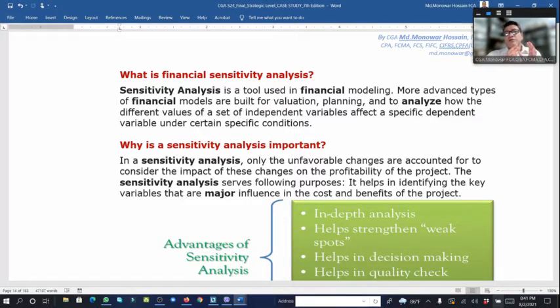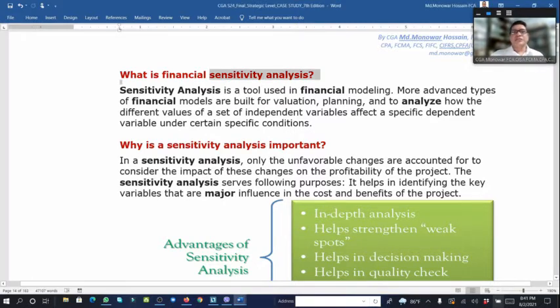More advanced types of financial modeling are built for valuation, planning, and analyzing how different values of the set vary independently. So we have to understand sensitivity analysis.